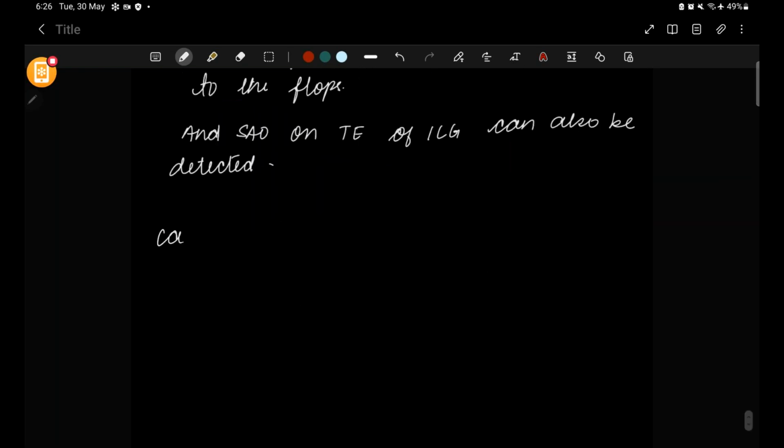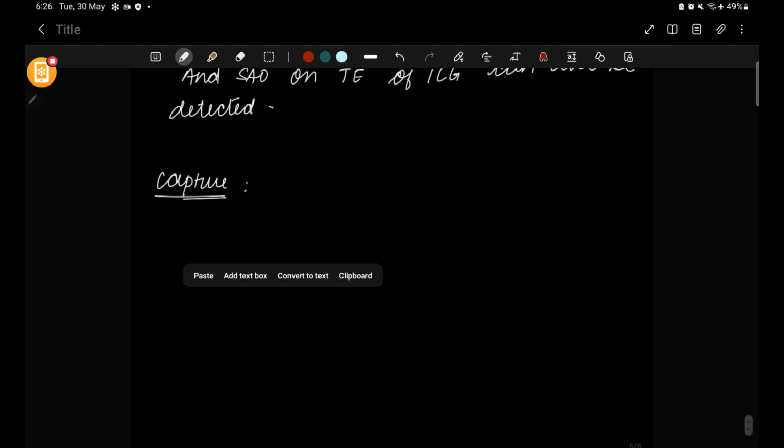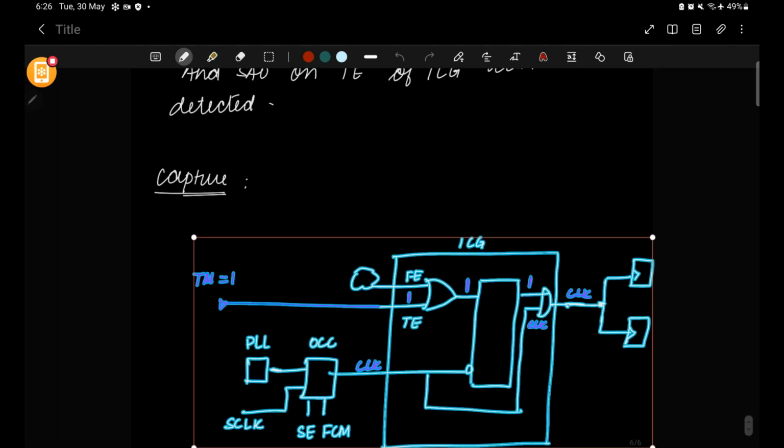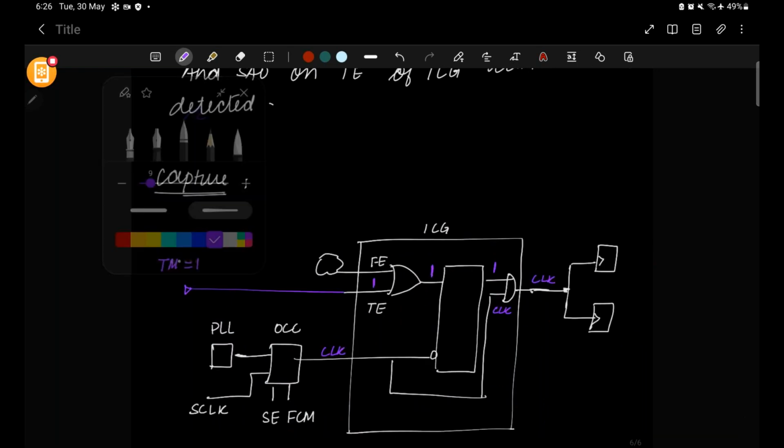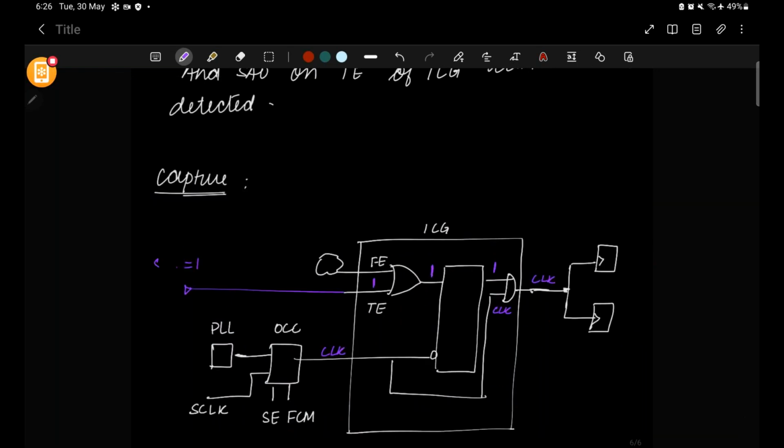Now if you consider the capture phase, it is connected to scan enable, right? Scan enable will be equal to 0, so this will become 0. So it is like this during your capture phase.